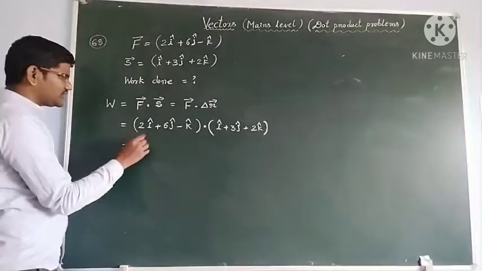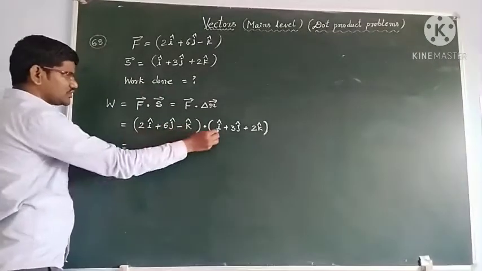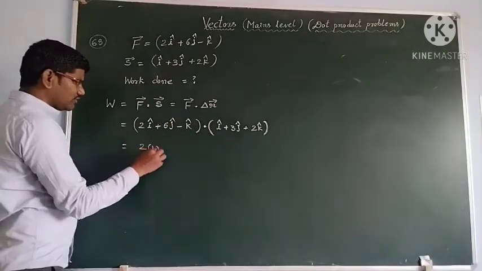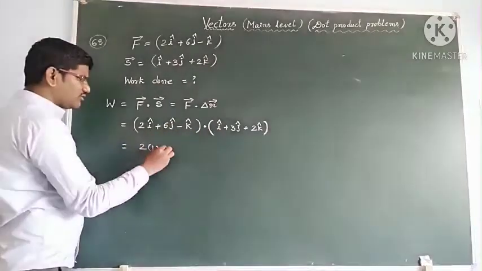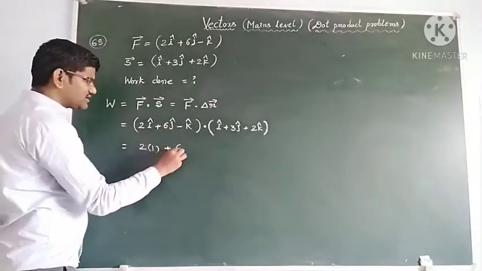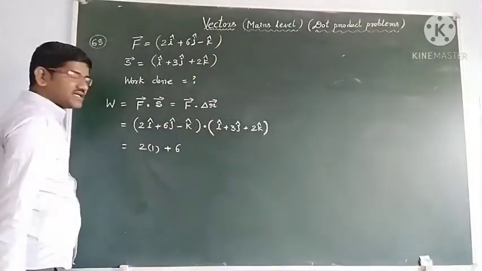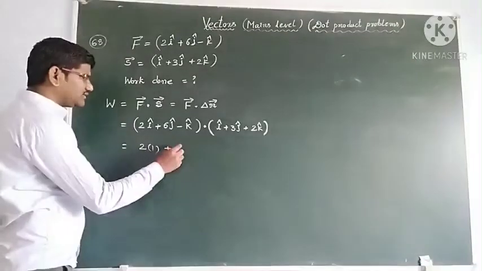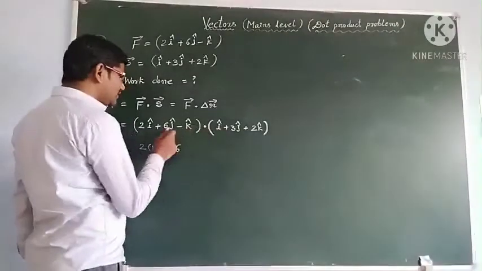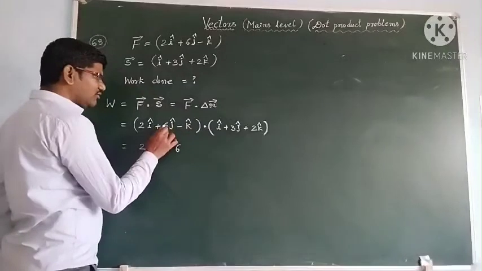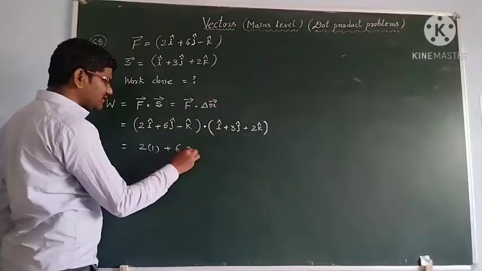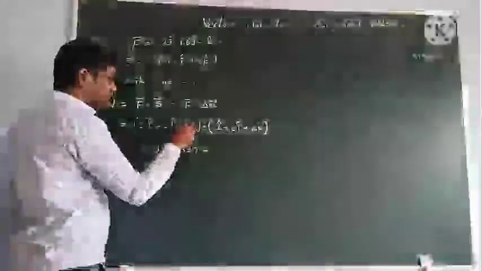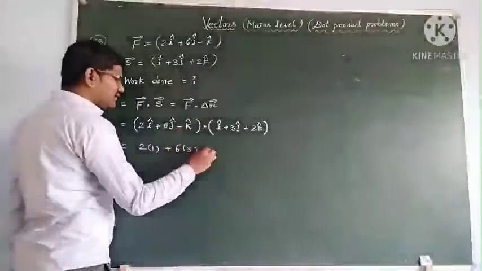So here the i coefficient is 2, and here the i coefficient is 1. 2 into 1, and here the j coefficient is 6, and here the j coefficient is 3, since only j dot j exists.